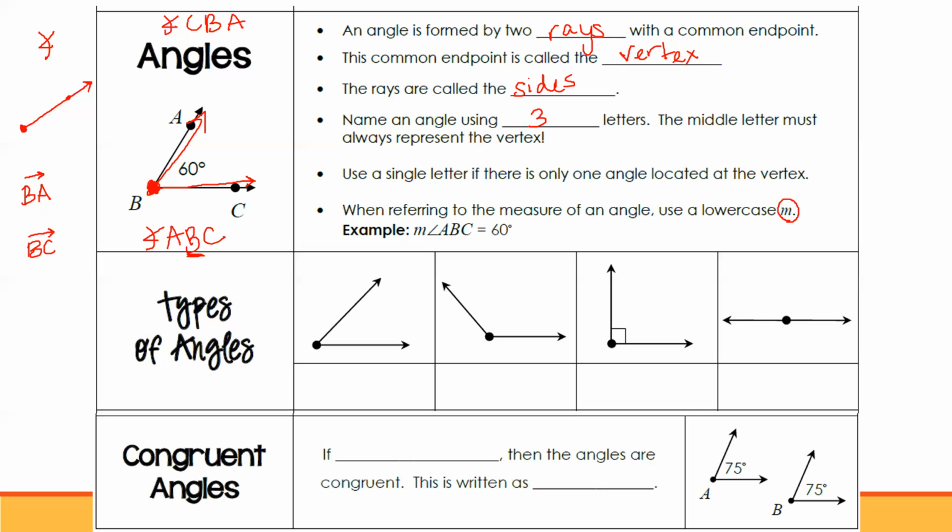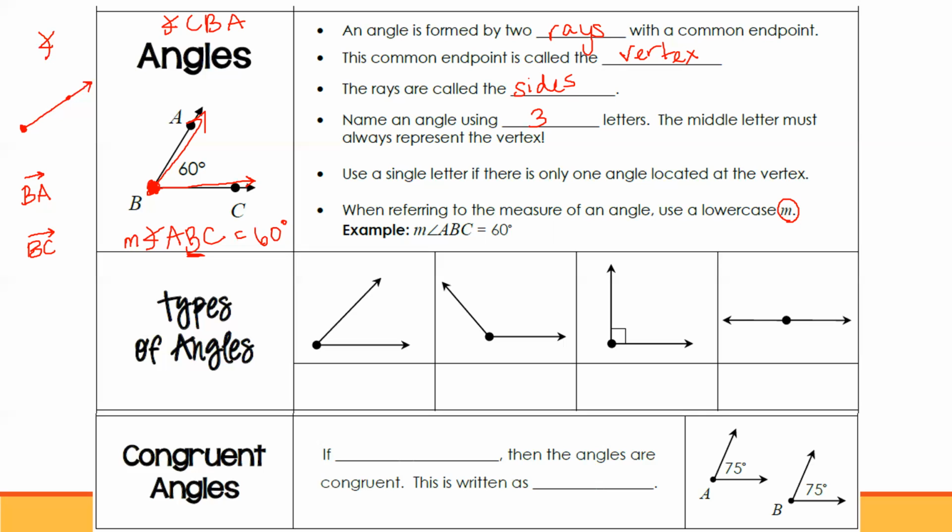I don't want my angle symbols to be confused with a less than symbol. When it's typed, it looks all nice and pretty. When I'm handwriting it, it's not as pretty. So I put the little arc through it so I don't get it confused. If I'm talking about how big it is, its measure, we put this little m out front. So the measure of angle ABC has to equal a number in degrees.